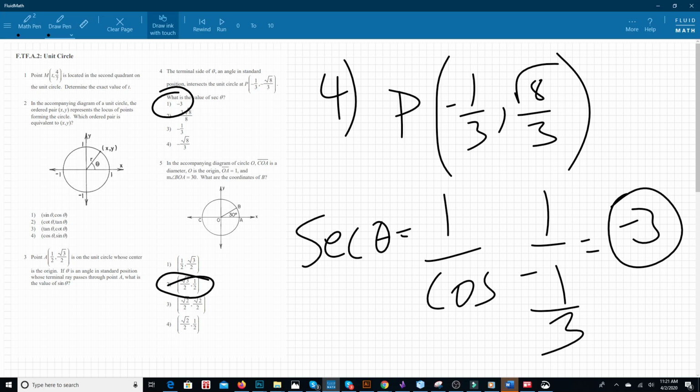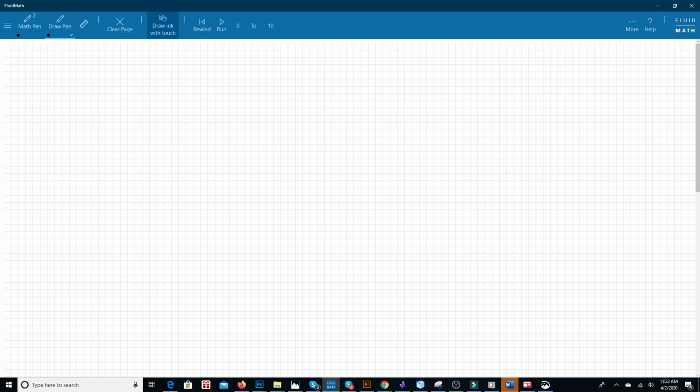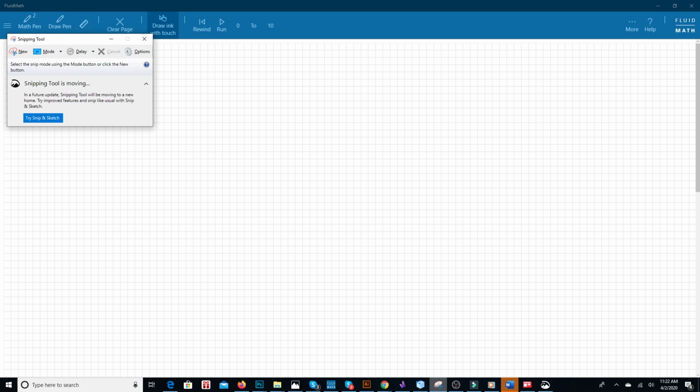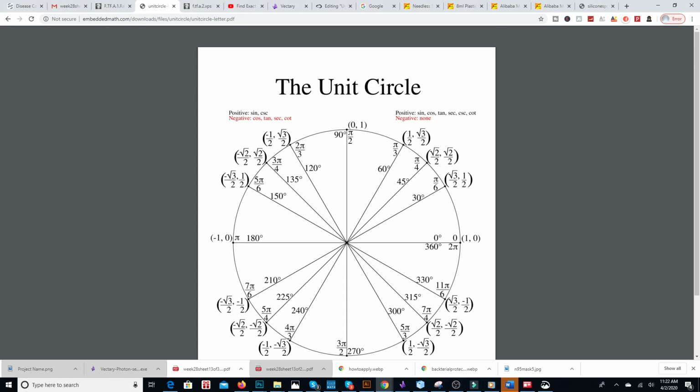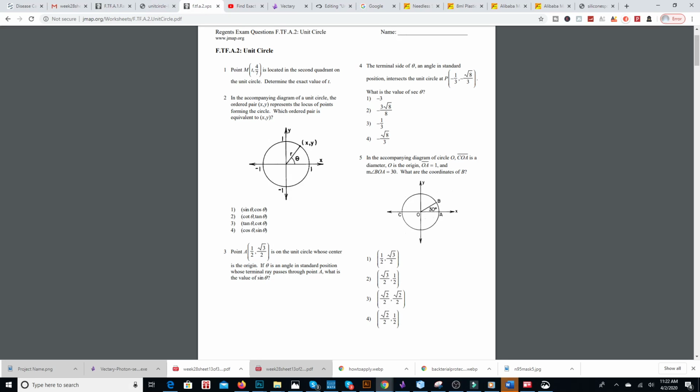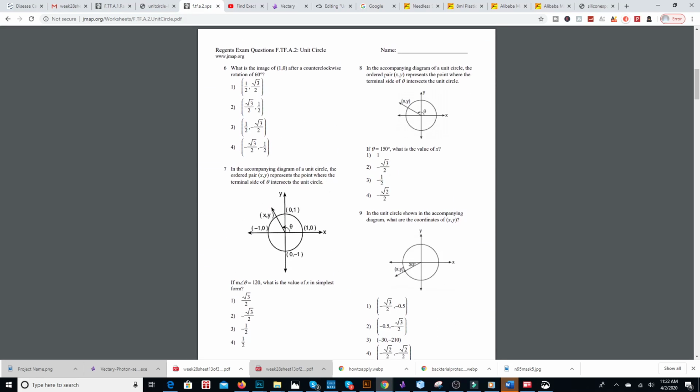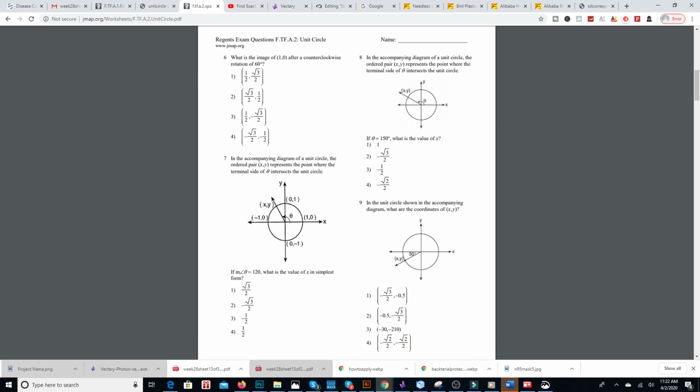Okay, so let's go back over here. Let me clear this page. Then I'm going to take my snippet tool. Before I take my snippet tool, I have to go here, then go up here, then go to 6 and 7, 8 and 9, right?